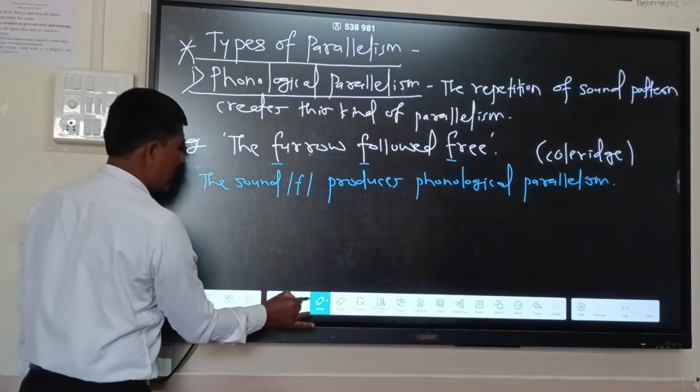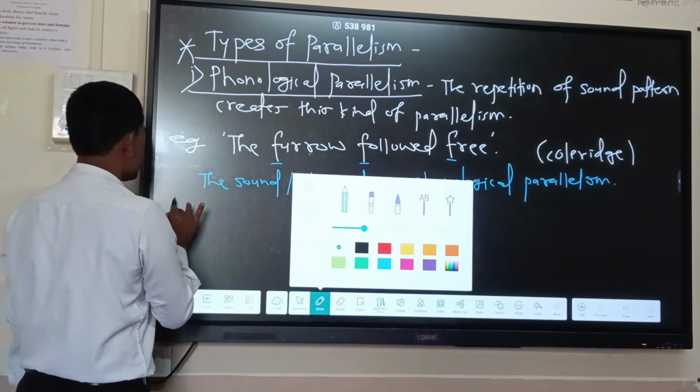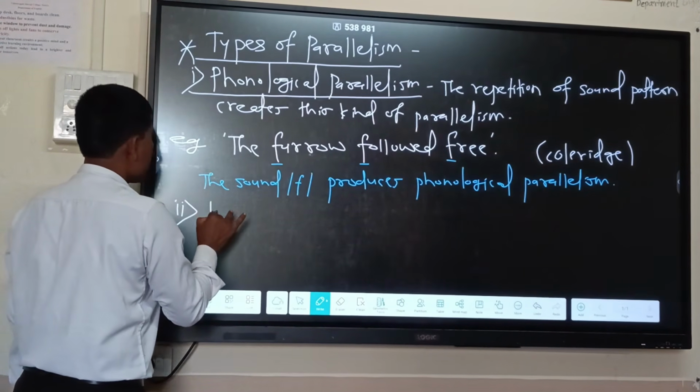Then the second type of parallelism is morphological parallelism.